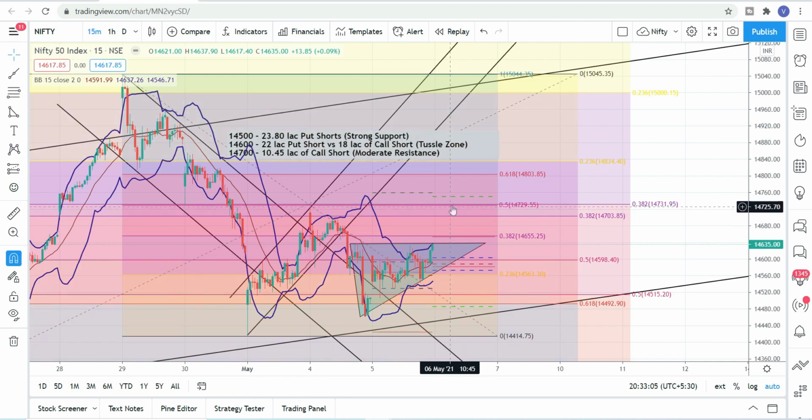The target that you will be expecting would be somewhere around 14,749, but do make a note that 14,700 is somewhere you may get stuck, which is your next or immediate OI resistance. With respect to a short trade, we will be looking to enter into short somewhere below 14,550, with an immediate expectation of targets to be somewhere around 14,490.